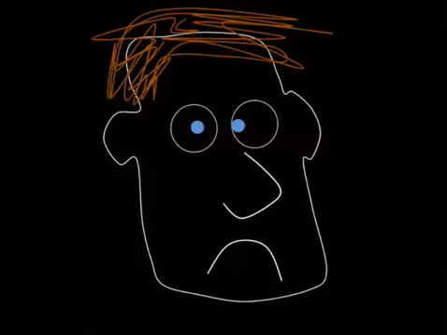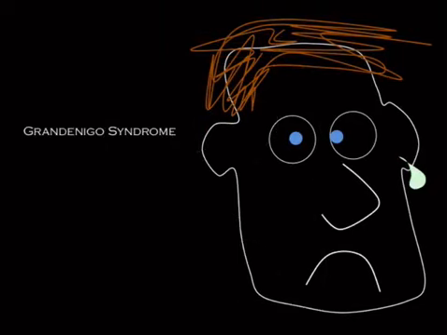And then if I show you this guy here, you notice that he has blue eyes, one blue one way and one blue the other. So this is a guy who has Gradenigo syndrome, which is basically when the apical petrositis involves Dorello's canal, which is where cranial nerve 6 is located.